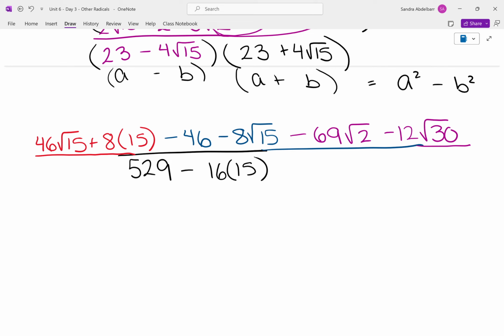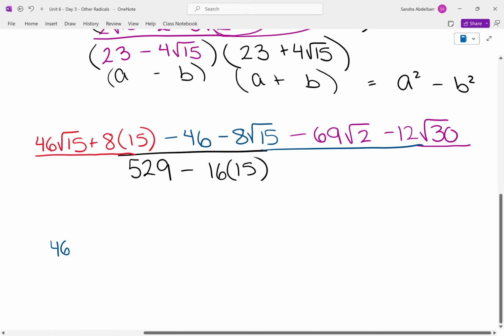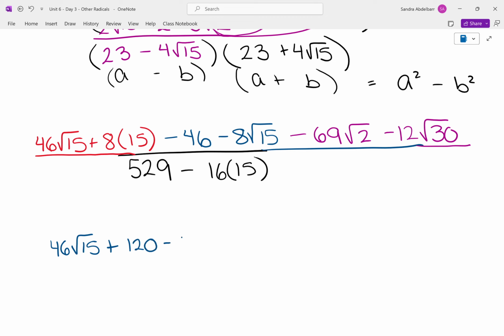Okay, so now we're going to simplify this numerator. 46 root 15 plus 8 times 15 is 120, minus 46 minus 8 root 15 minus 69 root 2 minus 12 root 30.